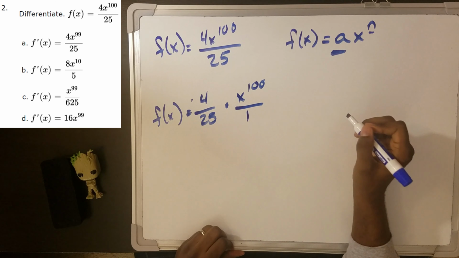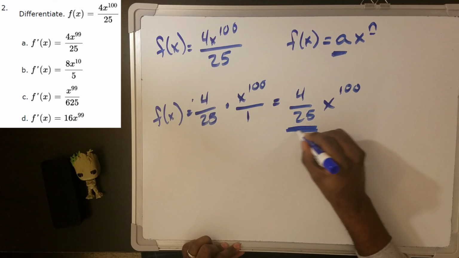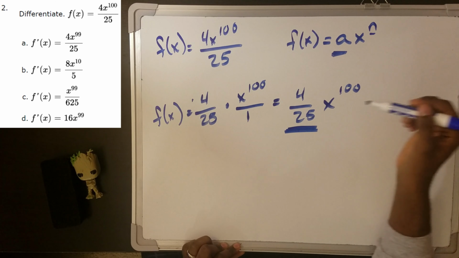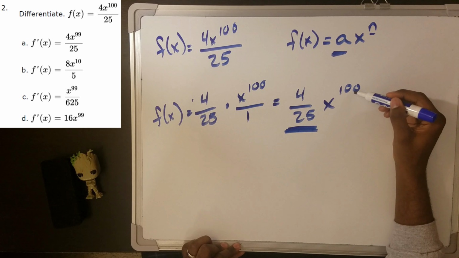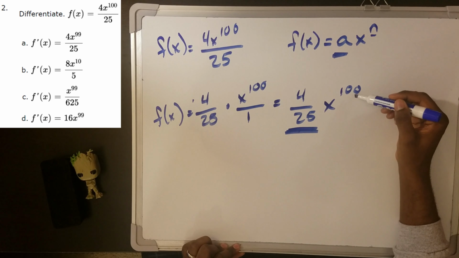Since anything divided by 1 is just itself, this simplifies to 4 over 25 times x to the 100th power. So our coefficient is 4 over 25 and our n, the exponent, is 100. Now this whole thing looks very similar to our form.